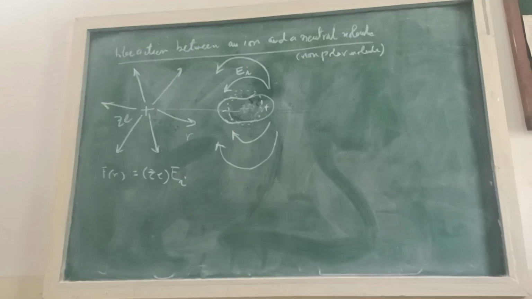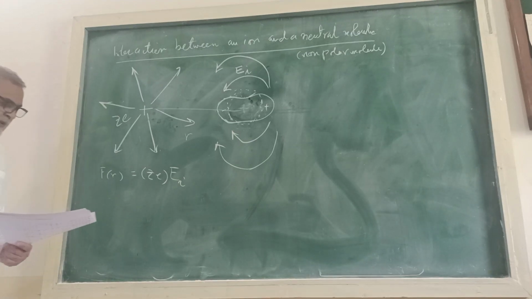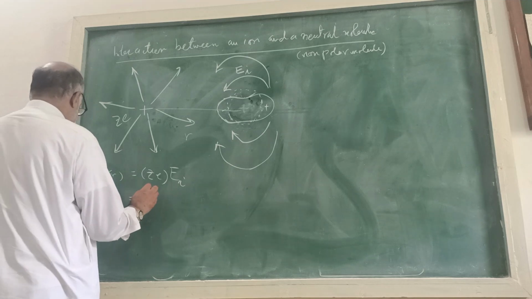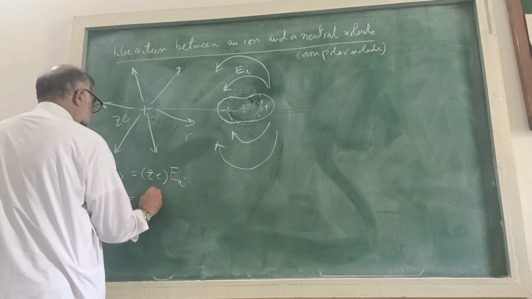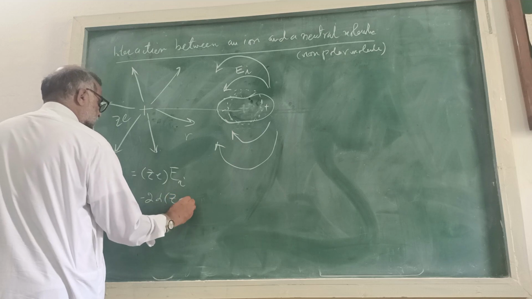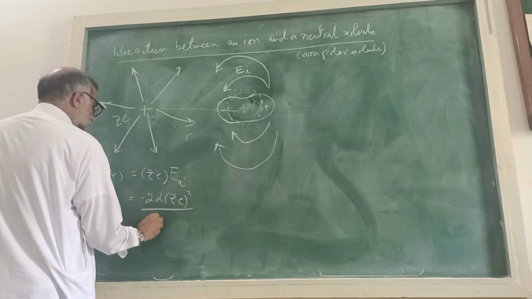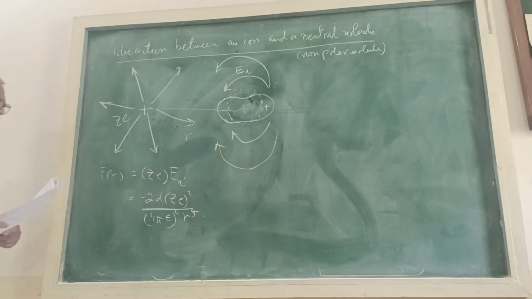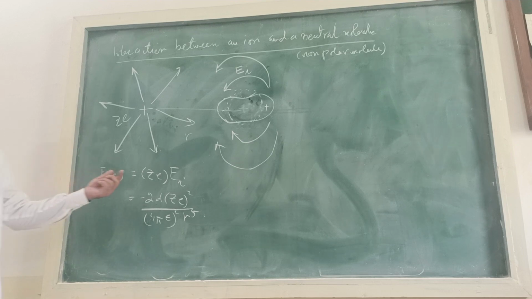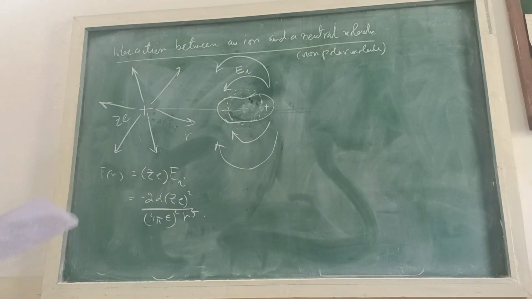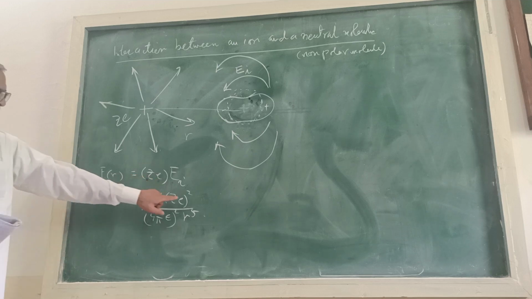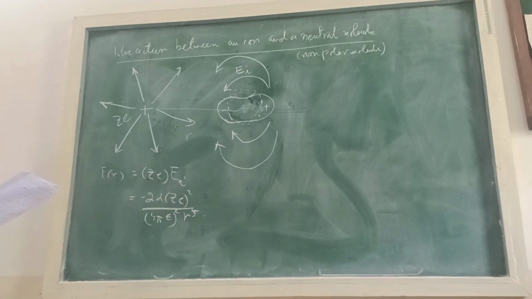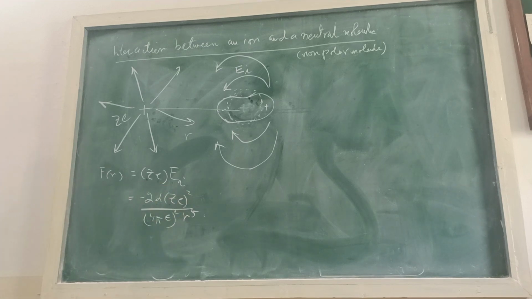Force is equal to QE. F(R) is equal to minus 2 alpha ZE whole square by 4 pi epsilon whole square into R to the power 5. EI is something like that. ZE in this and ZE here, multiplied together, become ZE whole square.